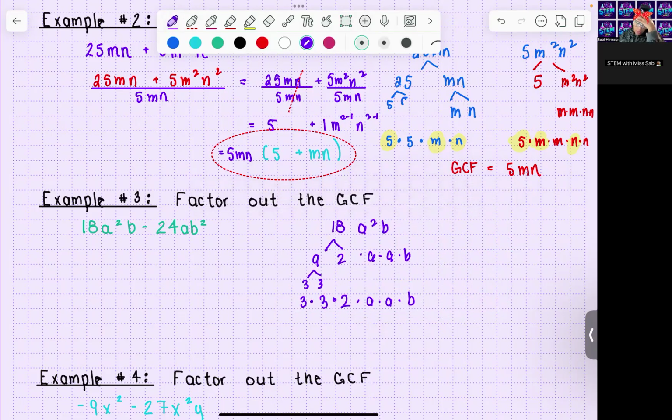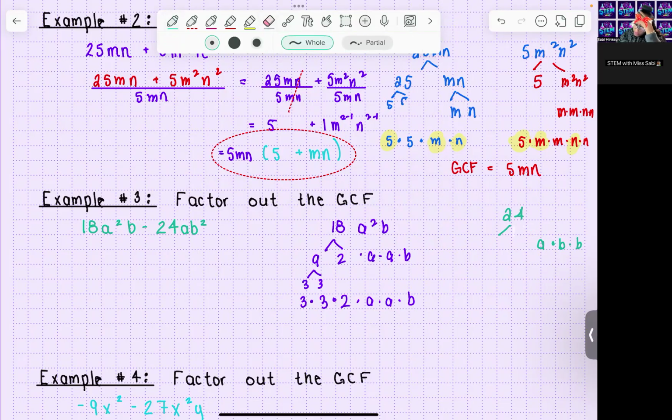Now let's factor the 24ab squared. So I have 24, and then that is ab squared. So ab squared means I have one a and two b's.